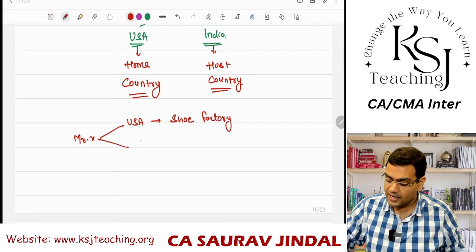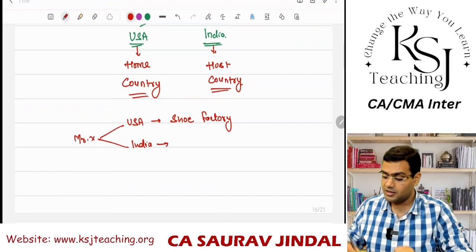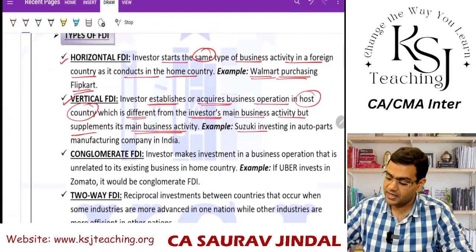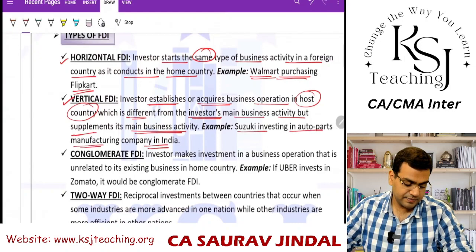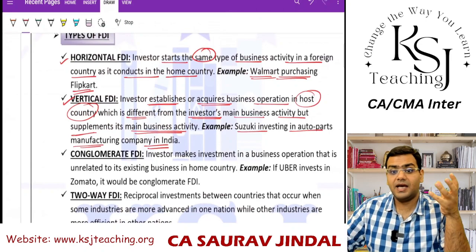Now, in India, he buys a business which is not related to shoes, but that will aid in the making of shoes. For example, Suzuki investing in an auto parts manufacturing company in India, right? So Suzuki are not manufacturers of auto parts.